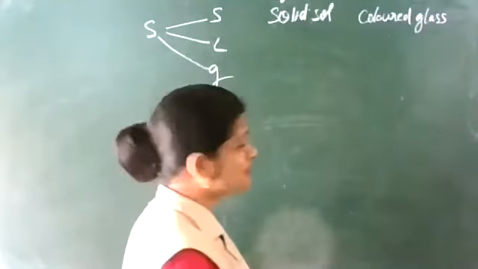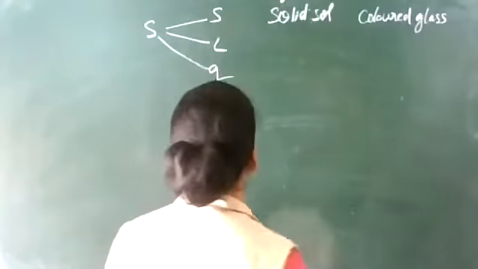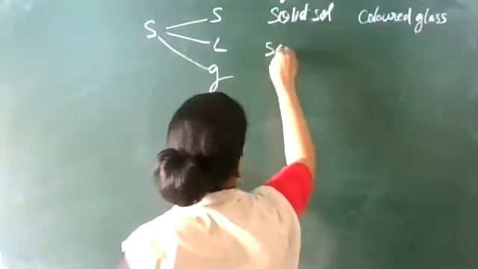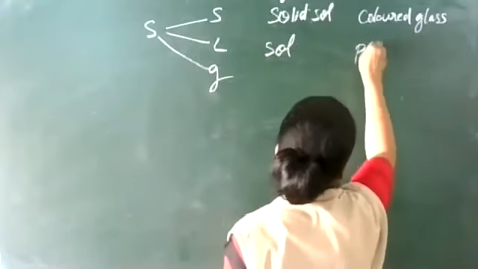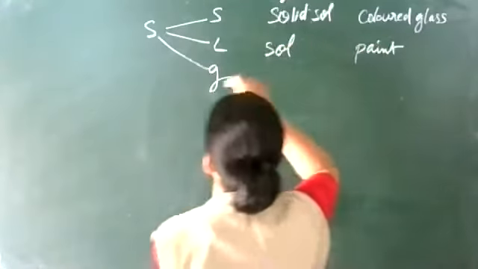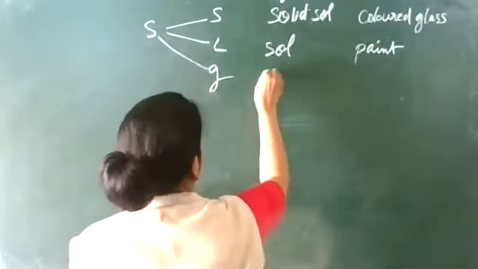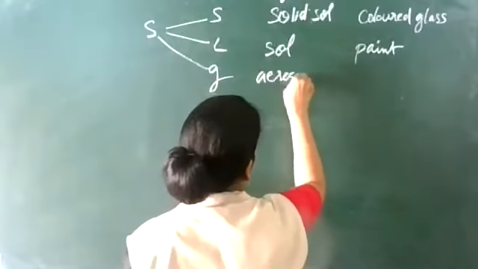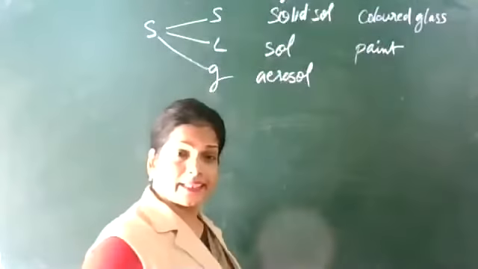Solid in liquid is called sol. Example, paint. Solid in gas is called aerosol. Example, smoke.